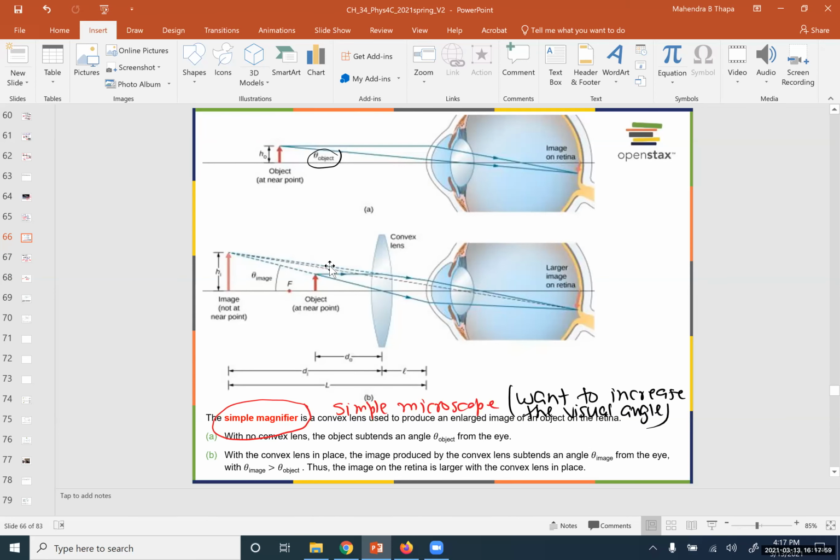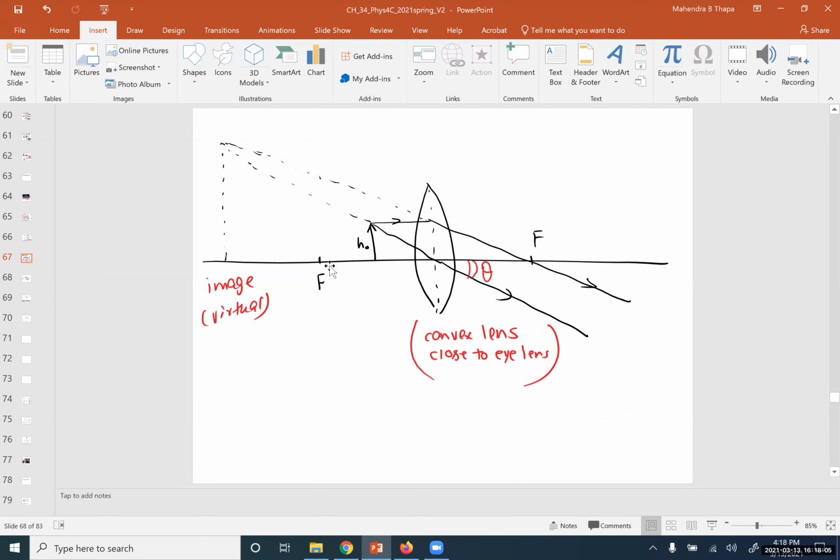So this angle is now different, so I say that now this is the theta image. This is a virtual image of height, say h1.